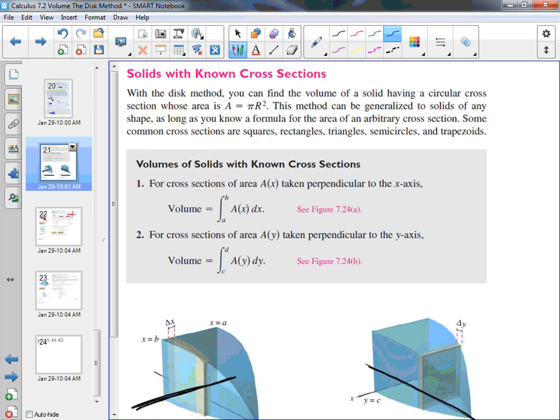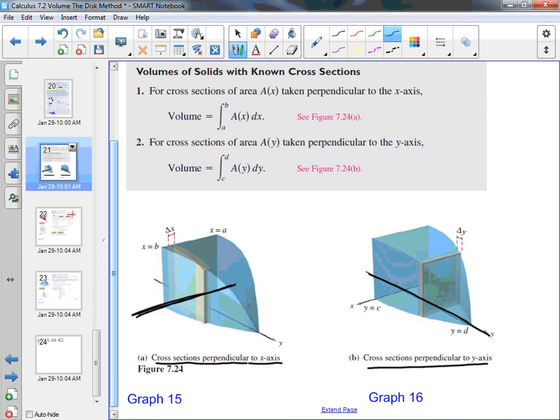If we back up to here, if we have cross sections perpendicular to the x-axis, see where the x-axis is. If I first had one, let's see, I'm not even sure I can draw this to make it look like anything. They've got one that's fairly small. If I started here and went out here, I can't draw it.